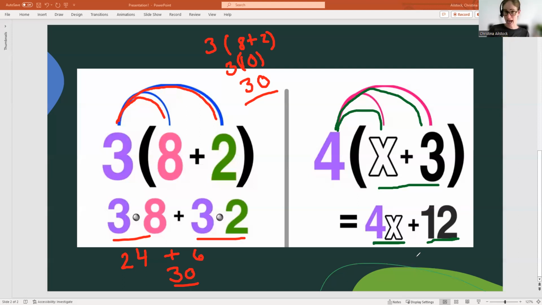We cannot add them. We cannot combine them. So that would be our simplified answer. That's the whole point of simplifying, is we just get it as simple, as basic as possible. Sometimes it's a solid number. Other times it's still an expression.